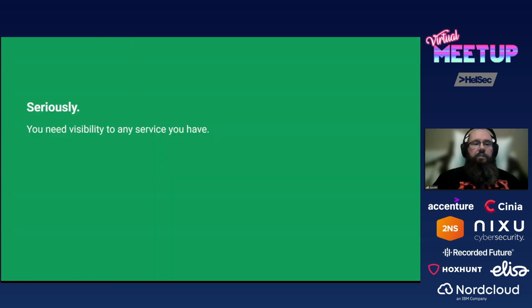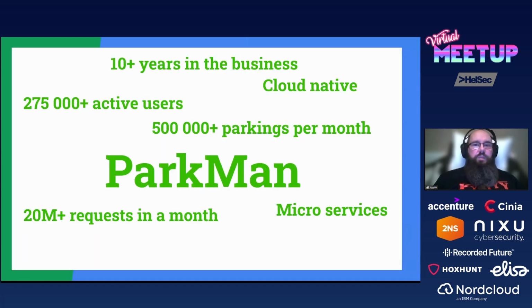And now for the visibility. This is one of my favorite topics, and you really need to have visibility, not just for the mobile applications, but also any application you have. And this requires something about ParkMan. ParkMan has lots of active users, and we have over 500,000 parkings per month.